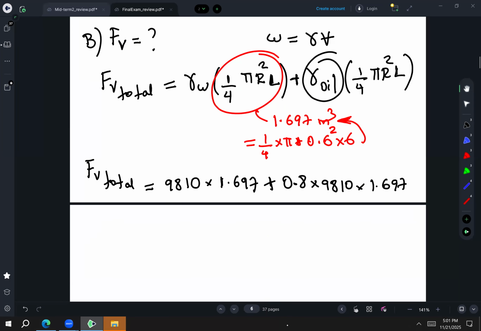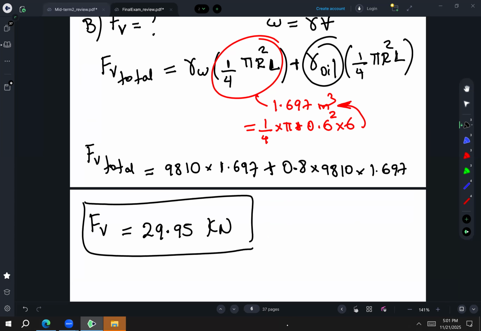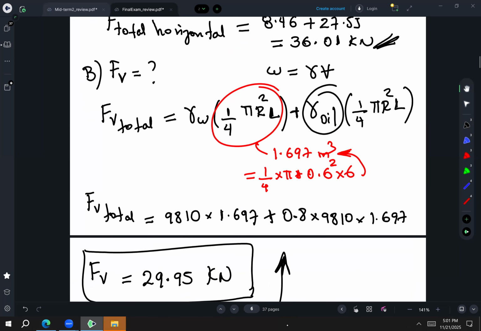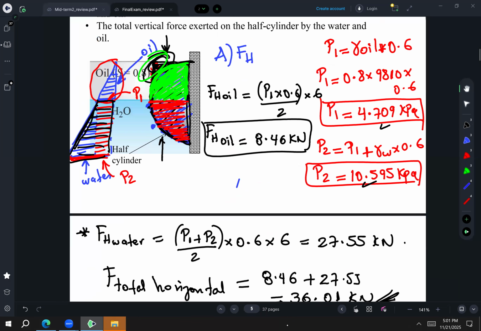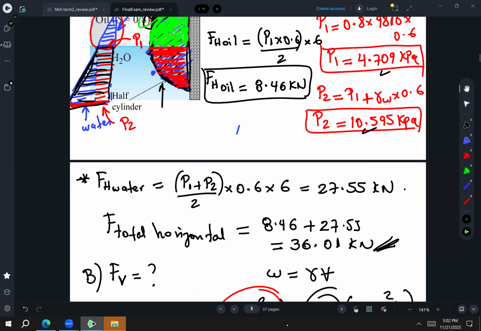And this will give me a value of the vertical force of 29.95 kilonewtons, right? Of course, the vertical force will be acting upwards, and the horizontal force will be acting to the right, which is going to be here. Okay, and those will be the answer of the problem.